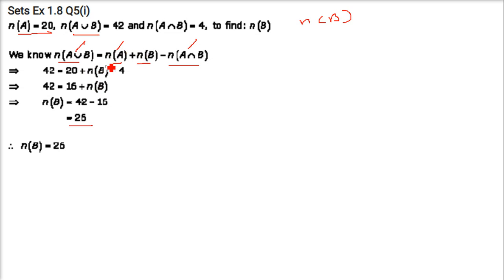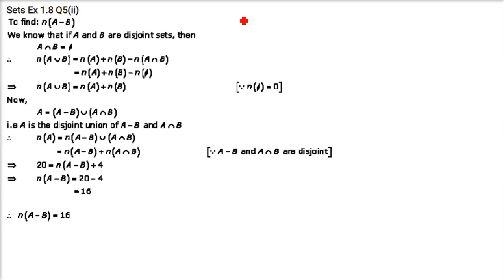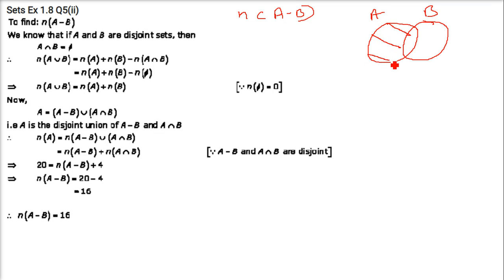Now coming to the second one, that is n(A minus B). We have to find n(A minus B). For that you have to understand one equation which we are going to use in other questions also. This is A, this is B. So what is A minus B? All of B removed from A. So this is A minus B. Now we have A intersection B, which is this one.